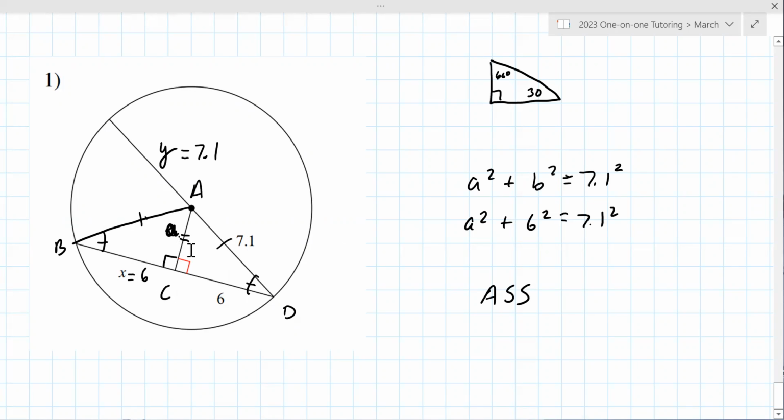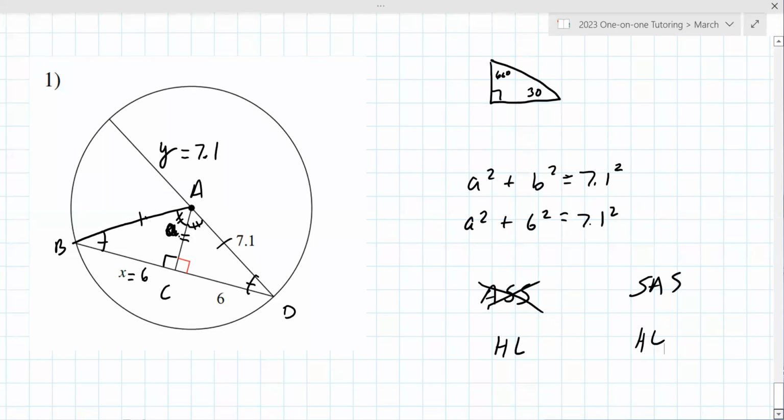Well, it does because you can actually use hypotenuse leg, because the angles are also the same up here. If these angles are the same, then the other angles have to be the same because this is 90. So there's a bunch of ways to do it. You end up using either side angle side or hypotenuse leg or something like that. But you basically prove the triangles are congruent. And that's why this length here, 6, is equal to this length here.